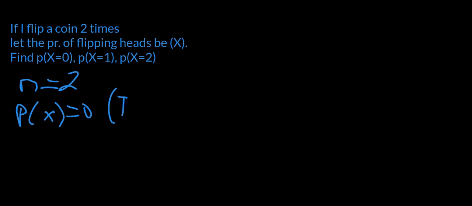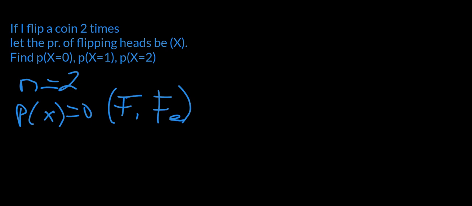It is either a fail on the first try and a fail on the second try. Remember there are only two possible outcomes, the success and the failure. Now, if we were to get zero heads from flipping this coin two times, we fail on the first try and we fail on the second try.